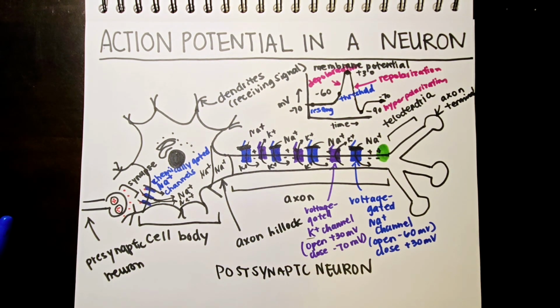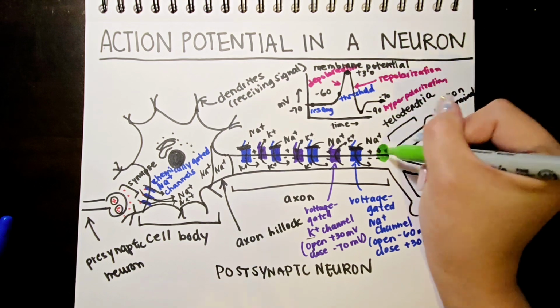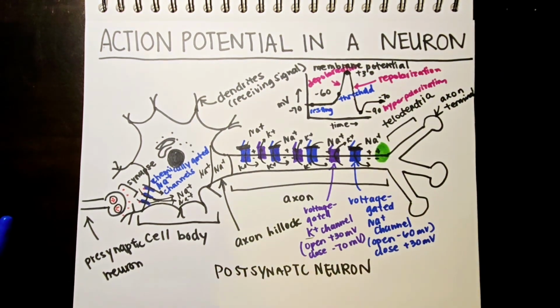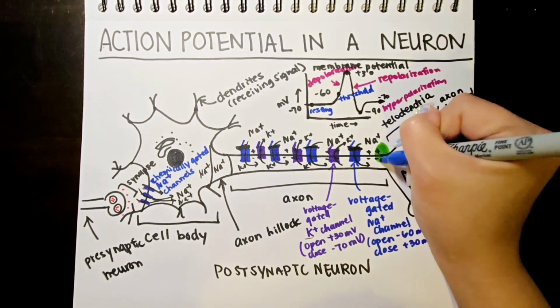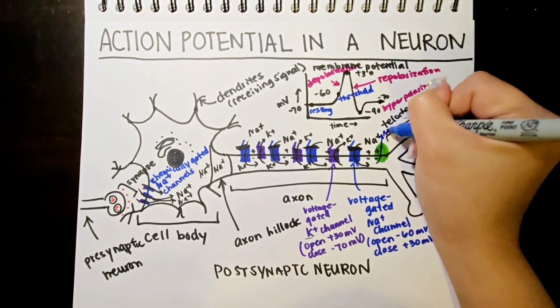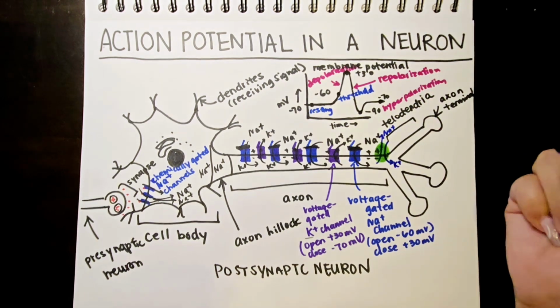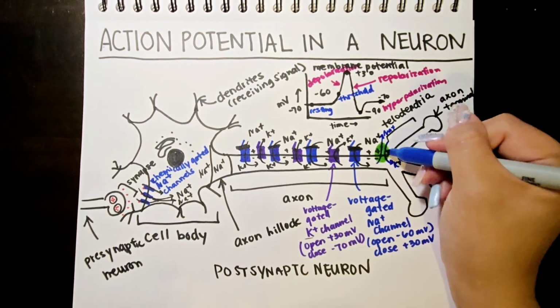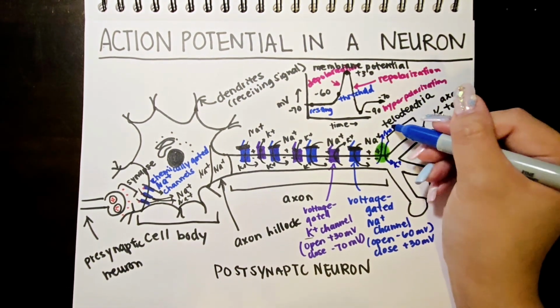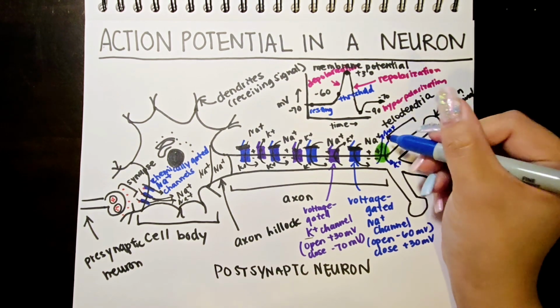So what this particular enzyme does is that it allows sodium ions to move outwards and allows potassium ions to move inwards, and it does so in an unequal distribution of sodium and potassium ions.